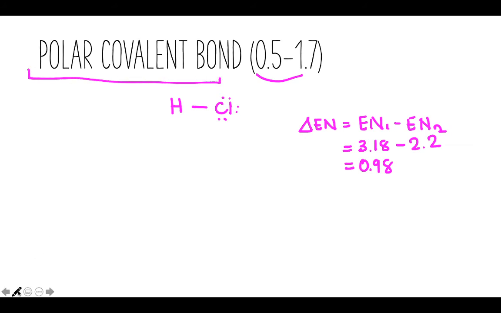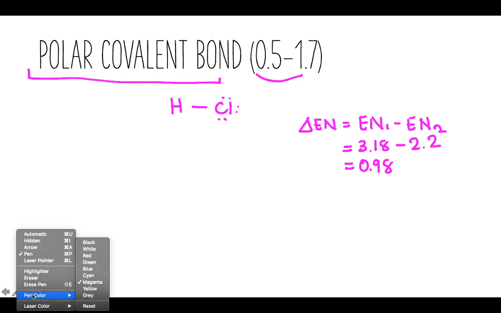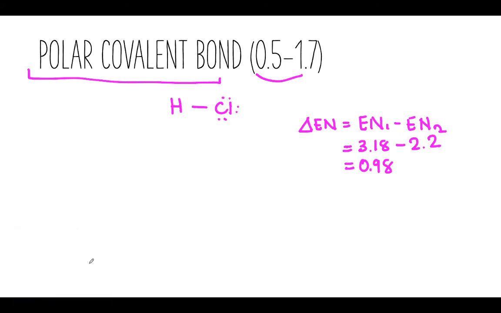Something else that I want to teach you now is another way that you can show that this is a polar covalent bond. Sometimes when you see a diagram of a polar covalent bond, you might see an arrow, and it's very important where this arrow is facing. If you're drawing this arrow, it's always going to be facing towards the more electronegative element. So in this case, chlorine.